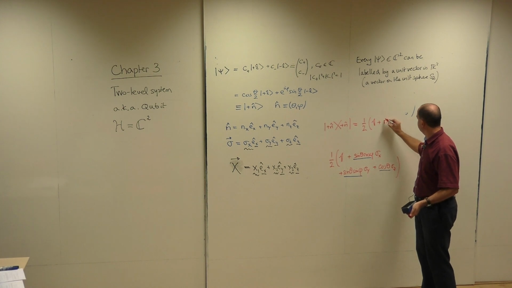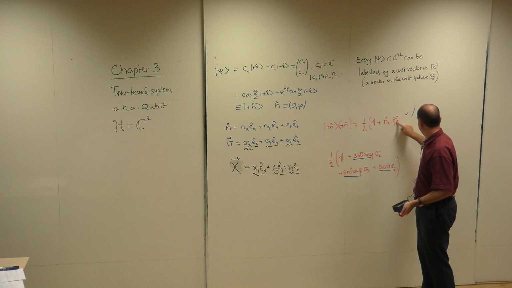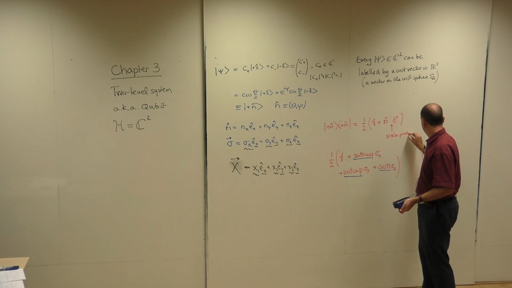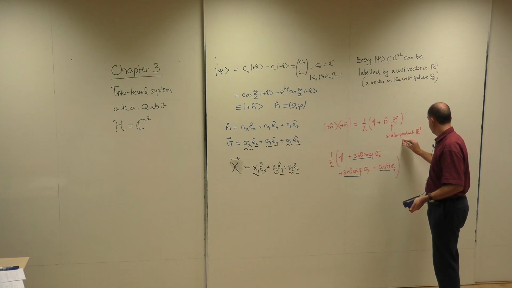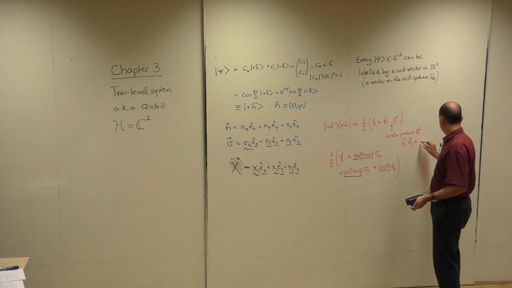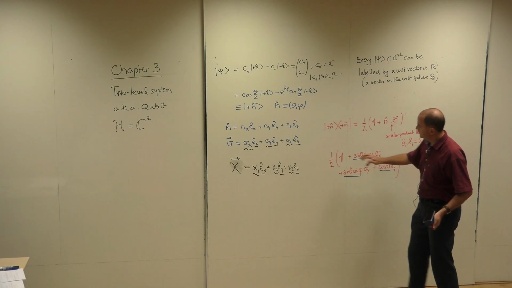So I can write it like this, 1/2 (1 plus n·sigma), where this is the scalar product in R3, with ej·ei equal to delta ij for these unit vectors.